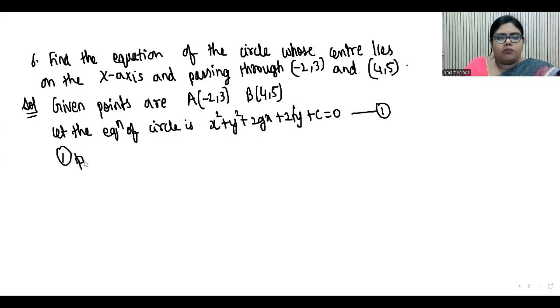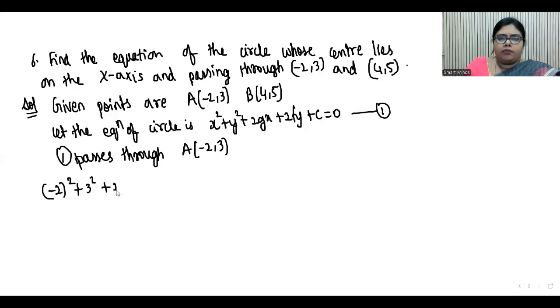Now equation number 1 passes through the first point. What is the first point? A minus 2 comma 3. Now in equation number 1, in the place of x you put minus 2 and in the place of y you put 3. So minus 2 whole square plus 3 square plus 2g into minus 2 plus 2f into 3 plus c is 0.